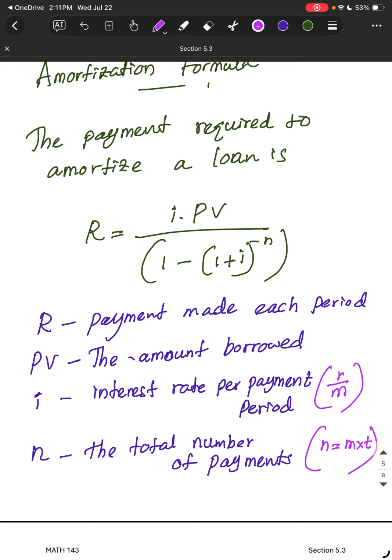The payment schedule must match the compounding schedule. For example, monthly payments and monthly compounding use m equals 12, quarterly payments and quarterly compounding use m equals 4, because we discussed these parts in our previous sections. Okay, then let's move forward.